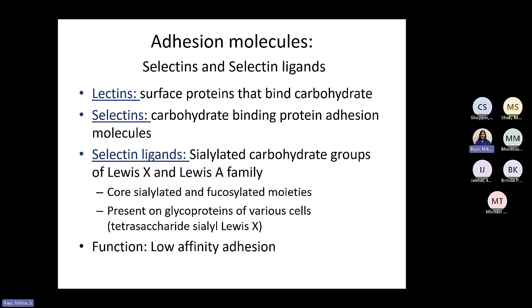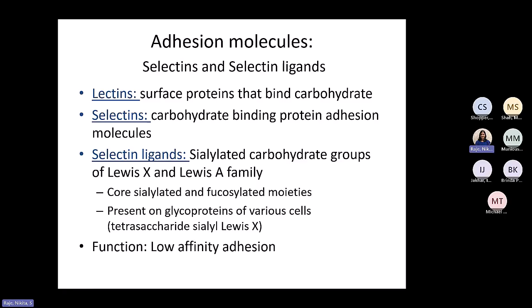So what are these? These are sialylated carbohydrate protein groups of Lewis X and Lewis A family. So they have a particular core molecule which is sialylated and fucosylated, and it's present on glycoproteins of various cells.